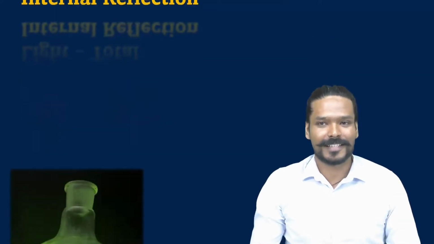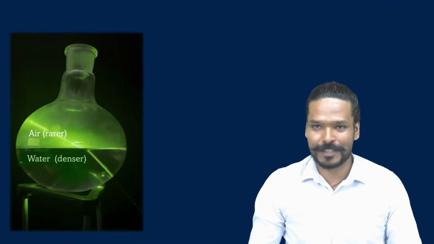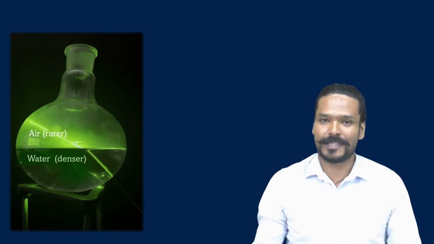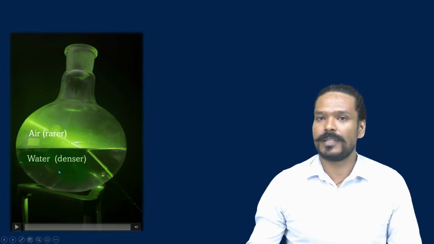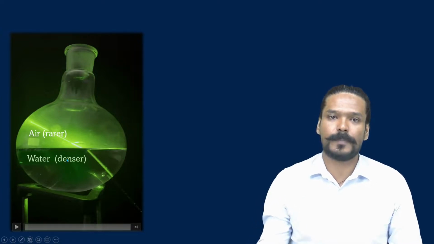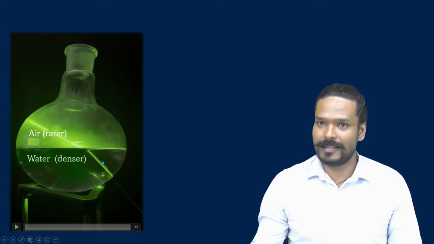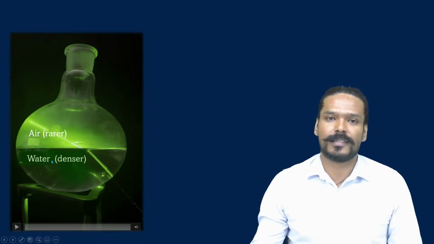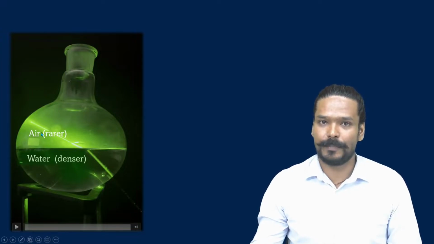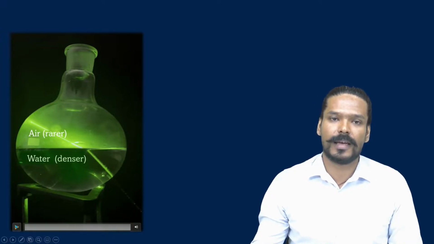Now, let's understand what is total internal reflection. So here is a simple setup. It's a round bottom flask filled with water, and there is a laser directed from the bottom. Now we know that water is an optically denser medium compared to air, right? Now watch.